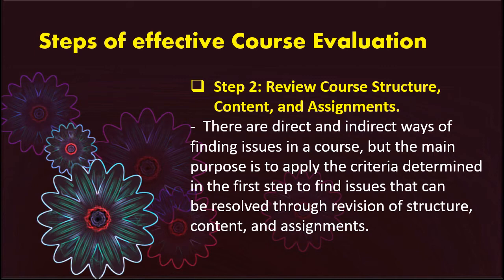There are direct and indirect ways of finding issues in a course. But the main purpose is to apply the criteria determined in the first step to find issues that can be resolved through revision of structure, content, and assignments.